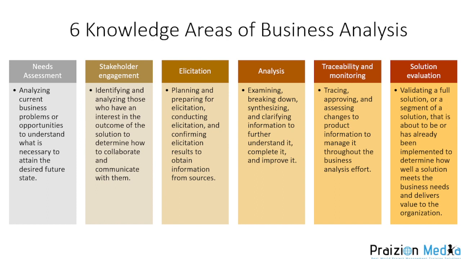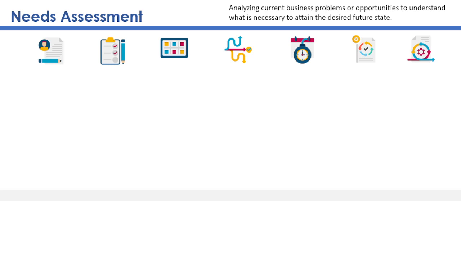Now I'm going to show you the level of detail that we're going to go into in the program, because this is high level. To understand it, we got to first go into process groups as well, and then we got to go into the individual knowledge areas. So let's take a look at one. This is how deep we go. Needs assessment. We want to understand what exactly is a needs assessment.